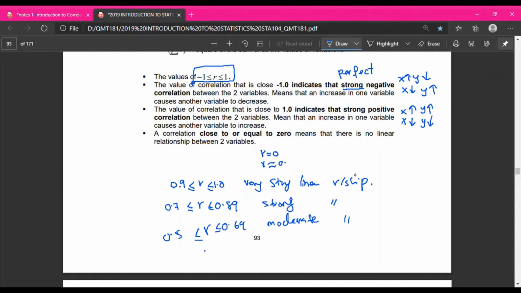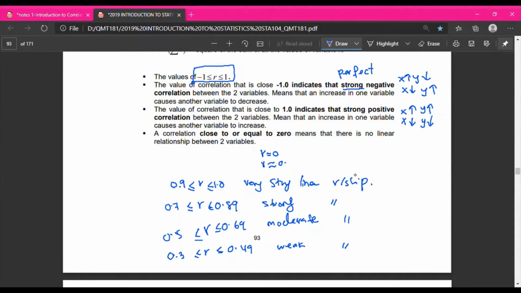Okay, if your R value is between 0.3 until 0.49, it is weak. Okay, weak linear relationship between the two variables. And then if it is less than 0.3, it is a very weak linear relationship between the two variables.